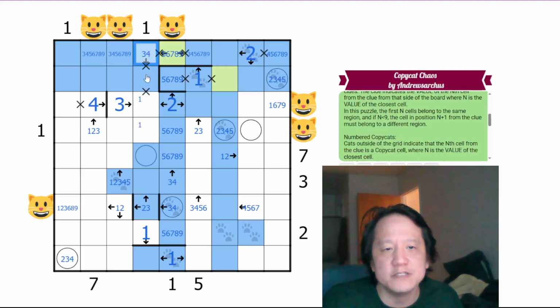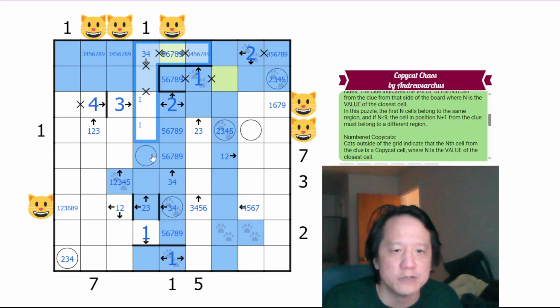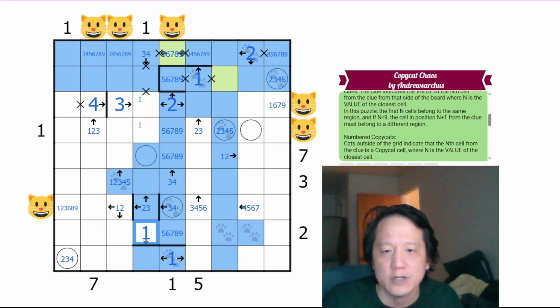Whichever one is here is part of this region, which means this cannot be a copycat, because we already have a copycat in the region. So the copycat in column 4 has to be this cell.